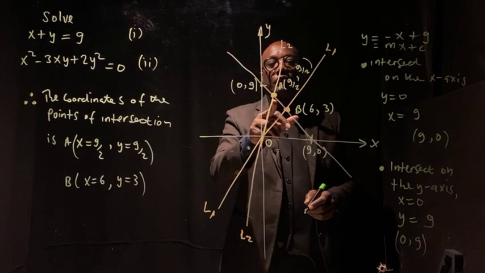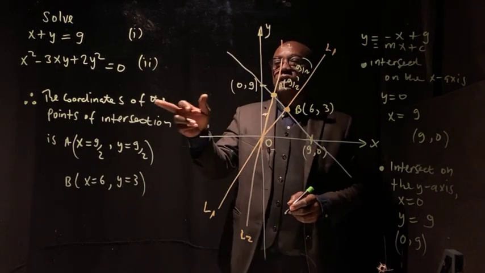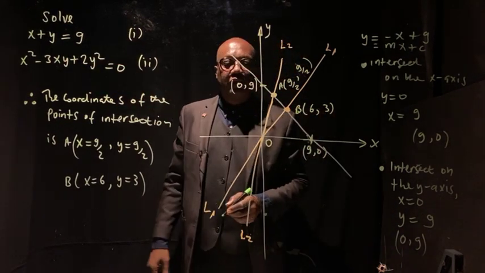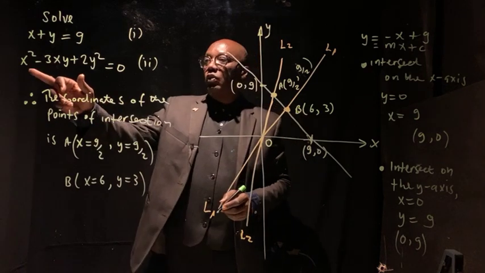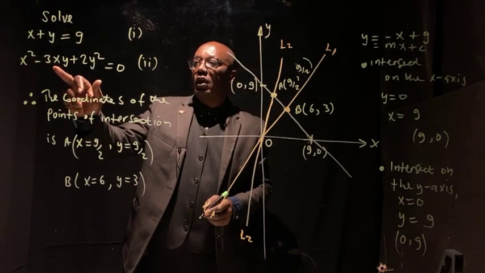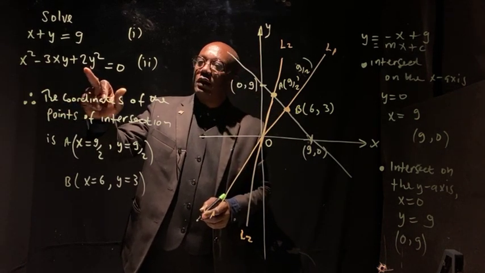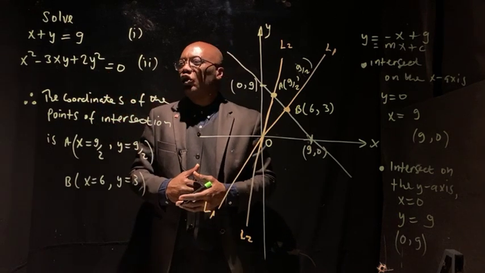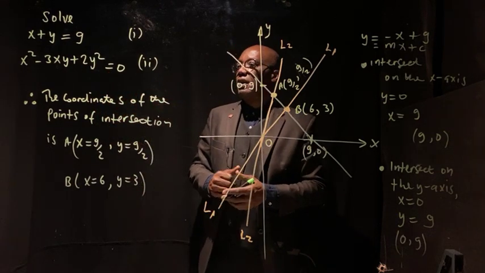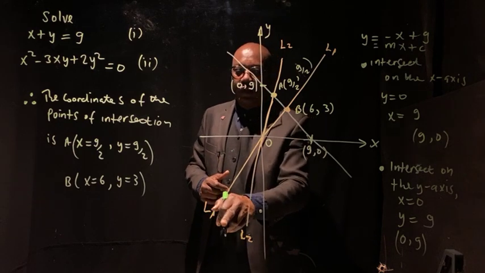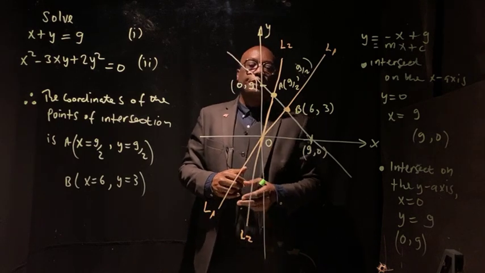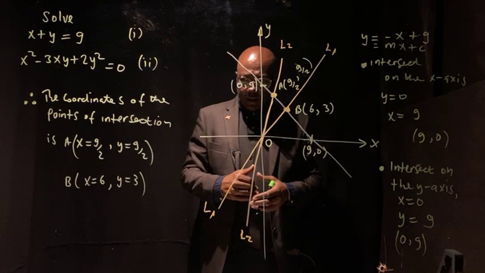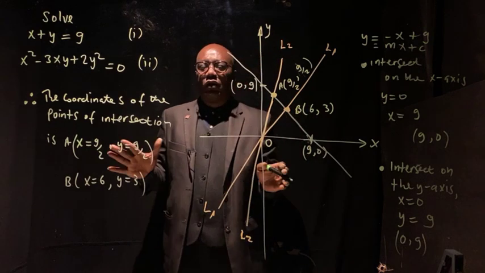So the 2 points of intersection are the solution of the simultaneous equation, where this one, S squared minus 3xy plus 2y squared equals 0. It is not a curve, but rather a pair of lines, that is L1 and L2. Now, as a matter of fact, we are done with the question.